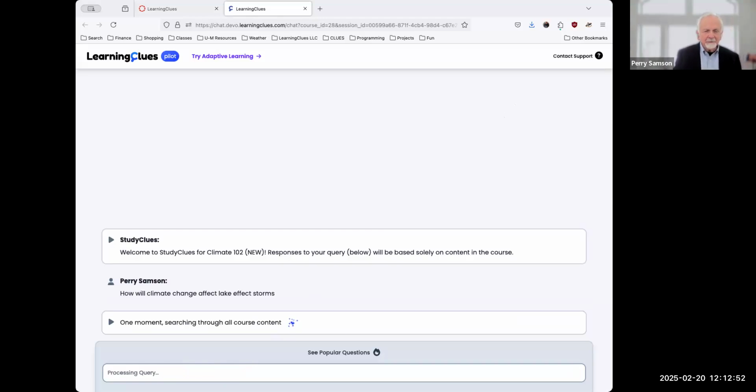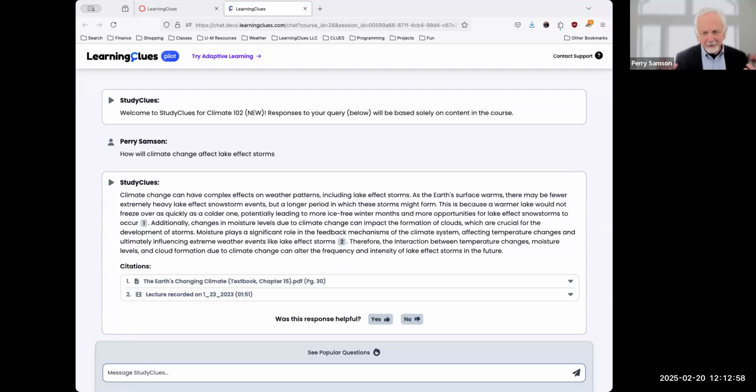Now it's looking through all the videos, all the lectures I've talked about, and it's looking through all the documents that I've made available. And you can see it comes back with a response, and each part of the response shows this part of the response is based on citation 1, and this part is based on citation 2.